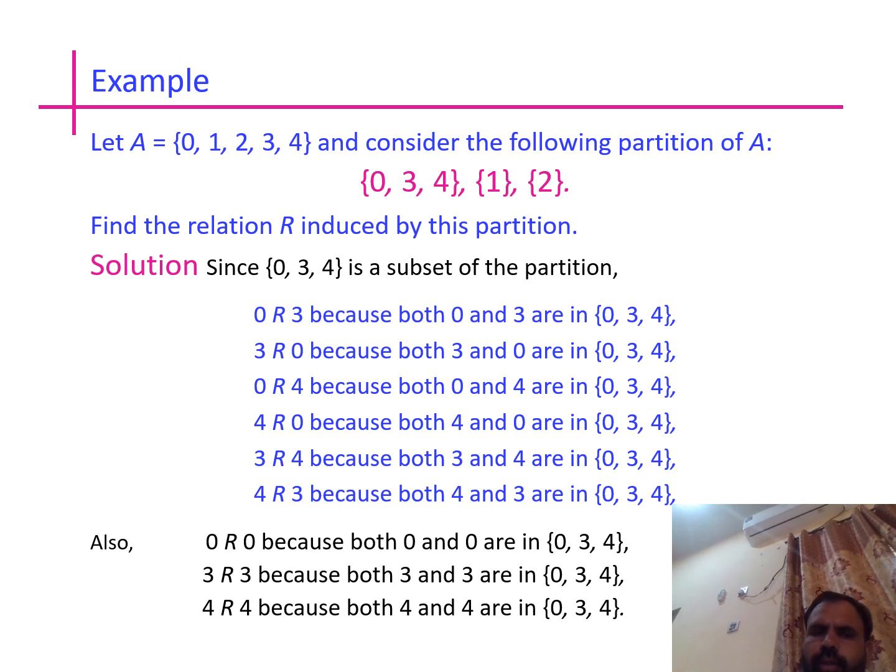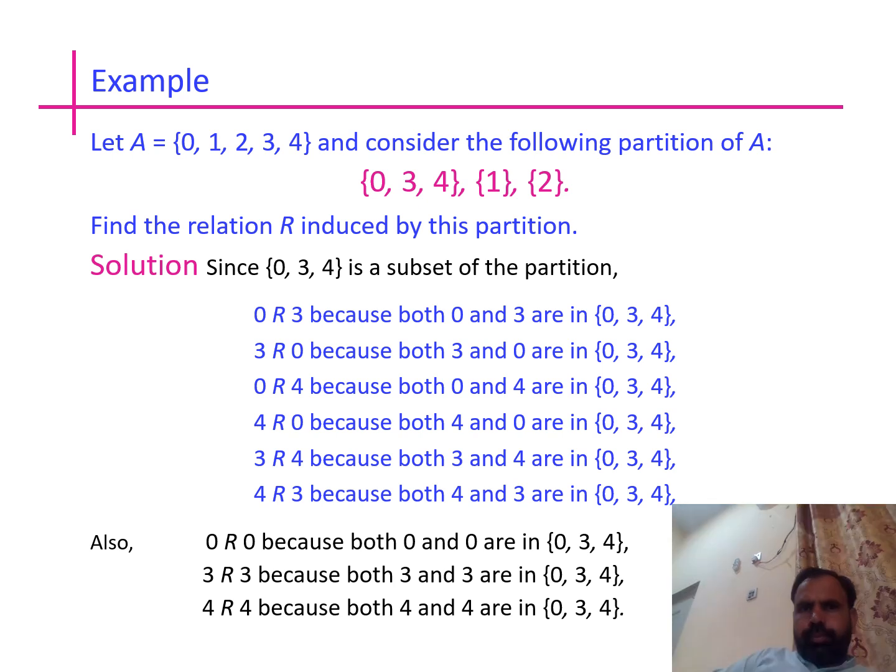Also 0 relation 0 because both are in this set, and 3 relation 3 also, because both are from {0, 3, 4}.